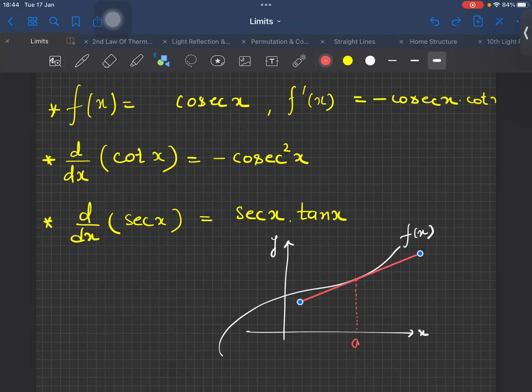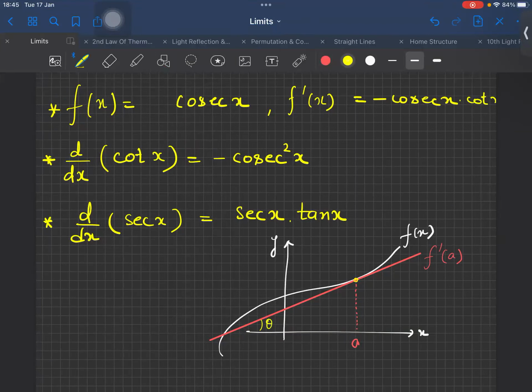Whatever angle this tangent is making with the x-axis, that's the meaning. So this red line represents f dash at a. It does not represent the derivative at all points, it only represents the derivative at this particular point, okay?